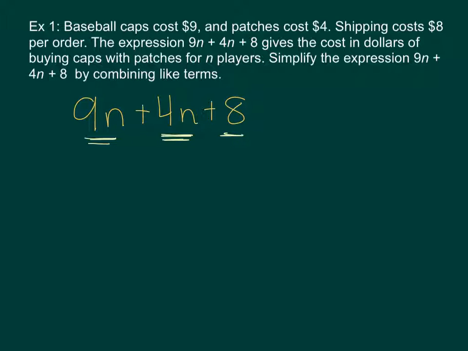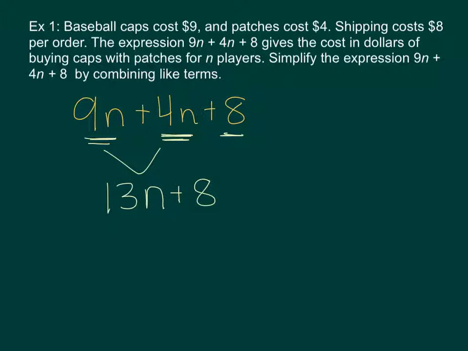It cannot be combined with those. But we can combine these two terms. Our n will stay the same. Our variable stays the same, and because the sign here is an addition, we're going to add our two coefficients together. 9 plus 4 is 13n. And then we'll say plus 8.